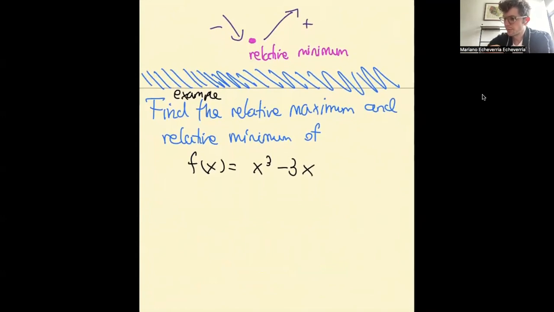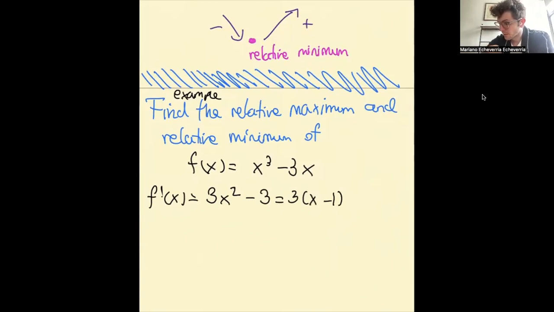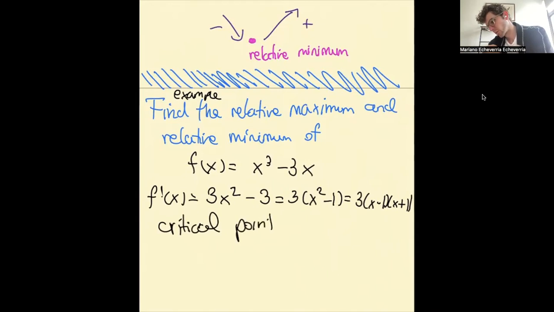Remember, the first derivative was 3x squared minus 3, which is the same as 3 times x squared minus 1, which is the same as 3 times x minus 1 times x plus 1, right? We had seen that the critical points were at x equals 1 and x equals -1.